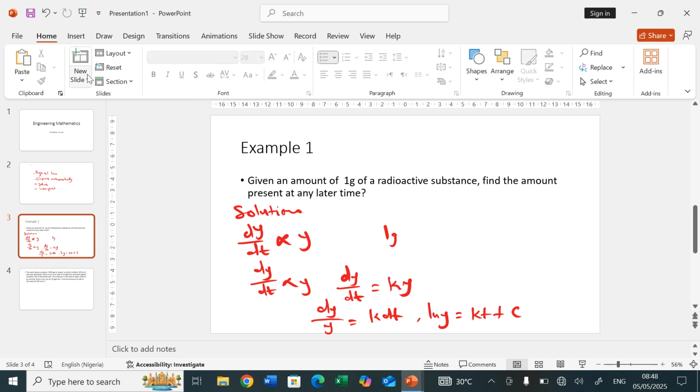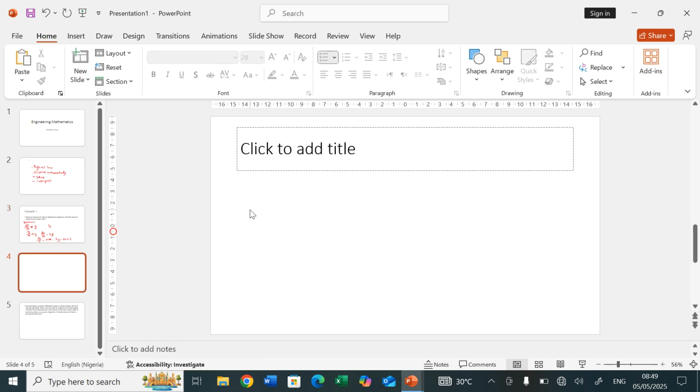The further simplification we can make is that ln y equals kt plus c, and our y equals exponential of kt plus c, which is exponential c multiplied by exponential kt.